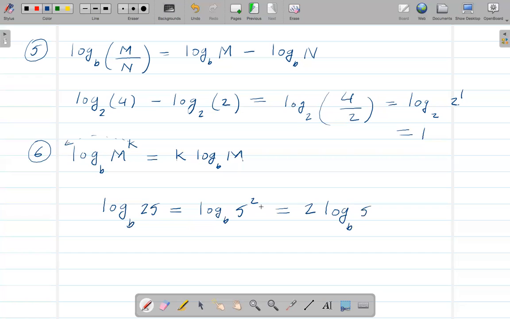Or we can even go the opposite way. If we have something like this, then we can move this up here and we can get this. So we can go either way, same thing.